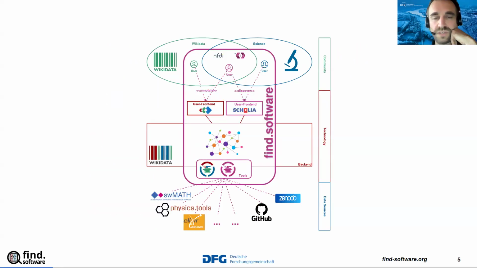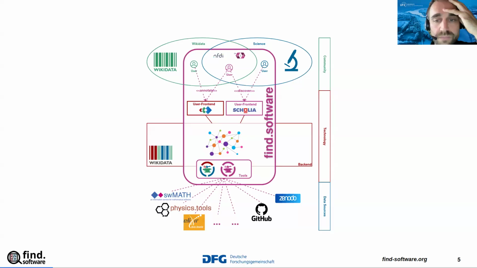So this is a brief architectural overview of the whole idea behind it. We started in March this year, so I cannot present you a prototype or something for that. You will find the different data sources on the bottom of this image. In the middle, you will find the technology.